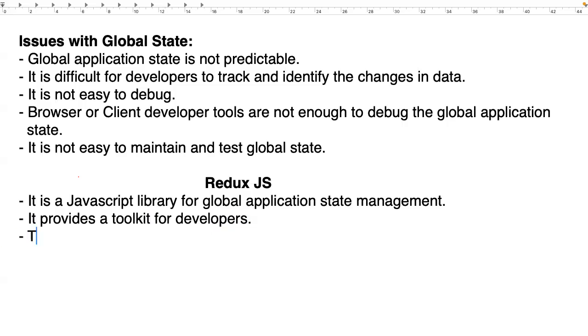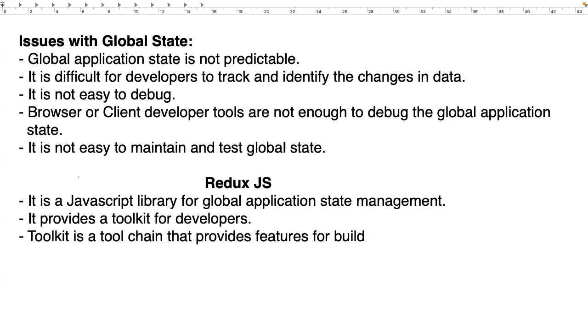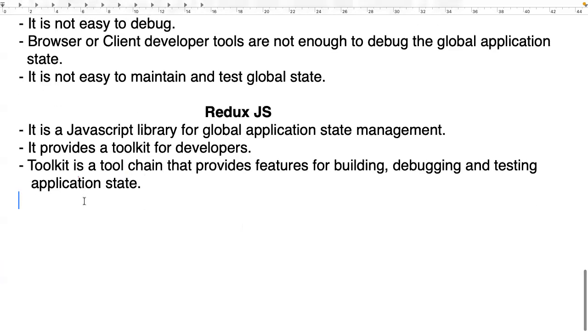What is the advantage? Toolkit is a tool chain that provides features for building, debugging, and testing application state.